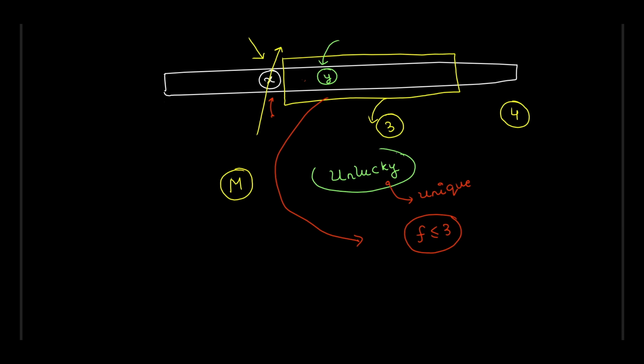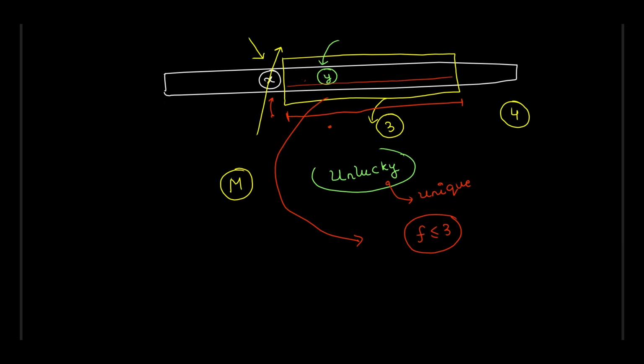Now you can see that in this bigger window we had already made some strong claims that since you got unlucky, you can prove that every element has frequency less than or equal to 3. So that is why nobody took charge when X went out of this window.